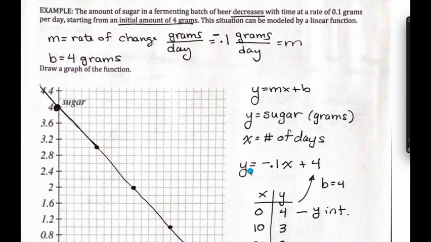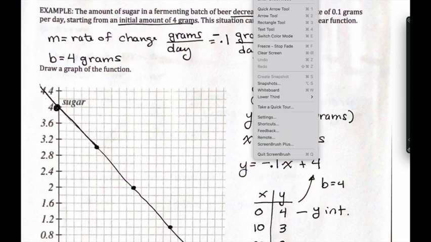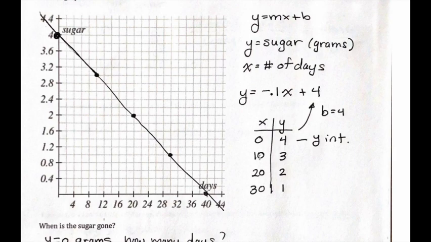Now to graph this, I plotted some points. So I plugged in 0, 10, 20, and 30 for X and saw what I got out for Y. When I plugged in 0, I got 4, which should be a point on the graph because that's my initial value, (0, 4), that's my Y-intercept. When I plug in 10, I get 3.